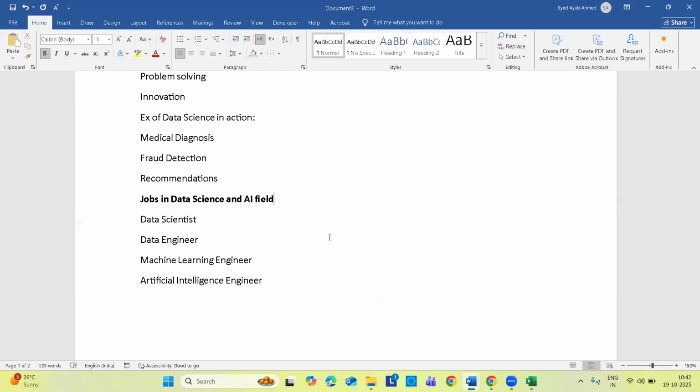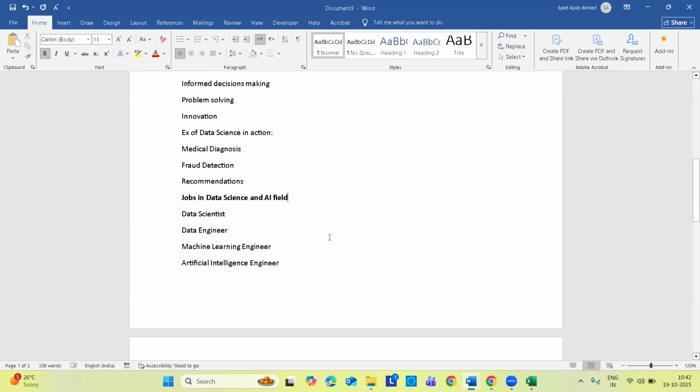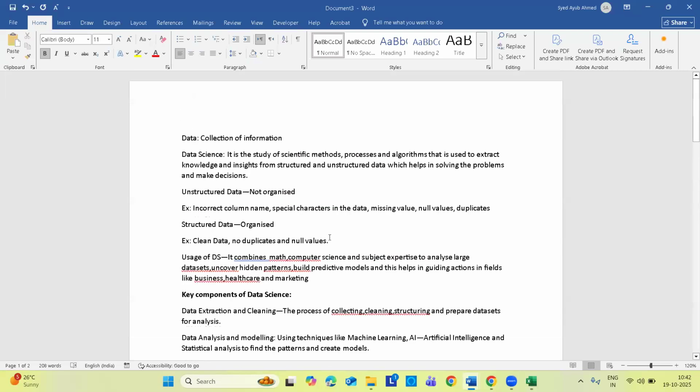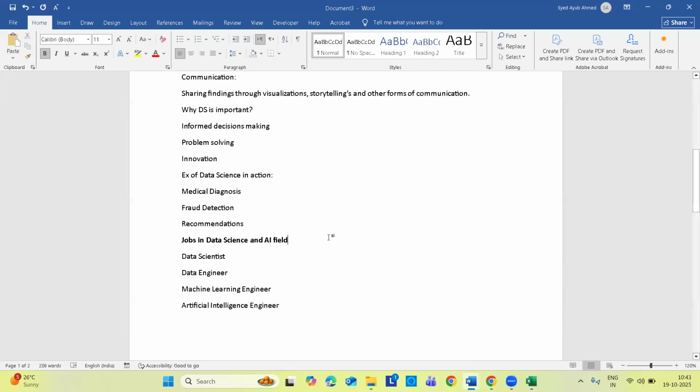So this was about your data science things. In one demo, it will be hard to explain and get the hold of each and everything. So I'm just giving you some briefs here about data science, how it performs, how the data science life cycle goes. That we can cover in later sessions as well.